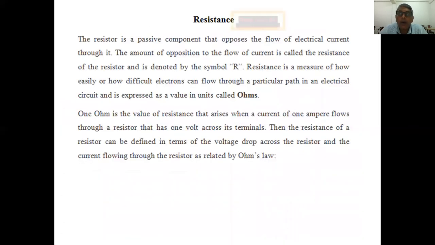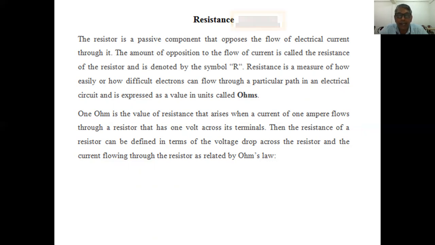Then, the amount of opposition to the flow of current is called the resistance, and normally it is denoted by R, and the unit of resistance is ohm. The resistors are available in different values: kilo ohms, mega ohms.